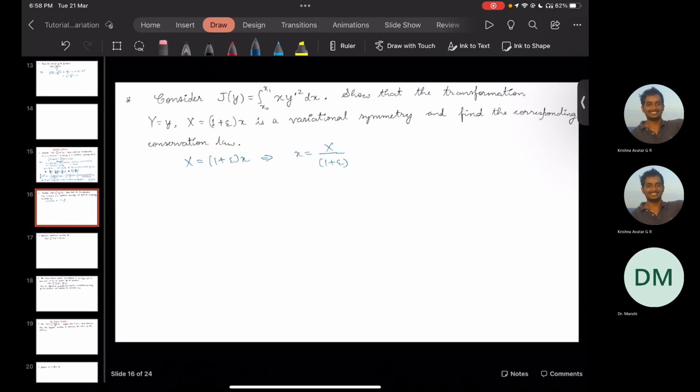And the differential is dx is equal to d capital X by 1 plus epsilon. Likewise, capital Y is equal to y, so this implies that small y is equal to capital Y, and this gives us dy is equal to d capital Y.